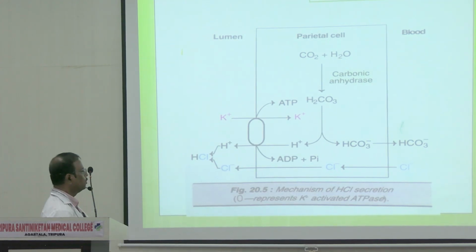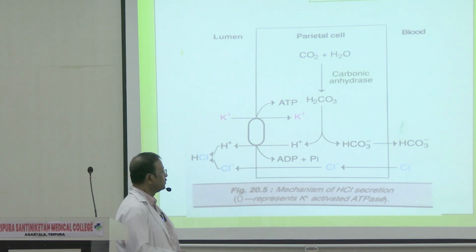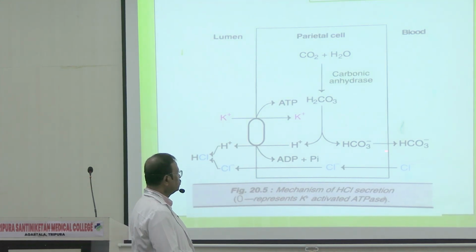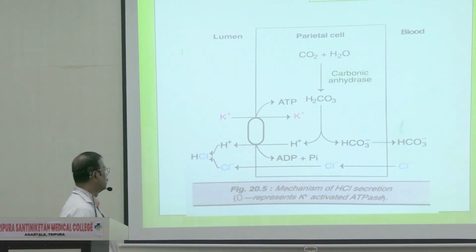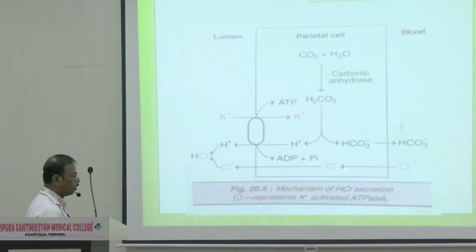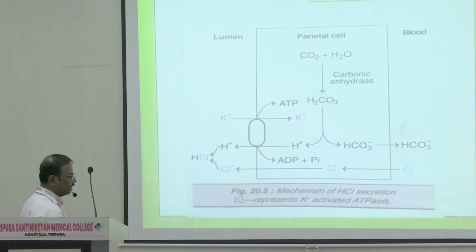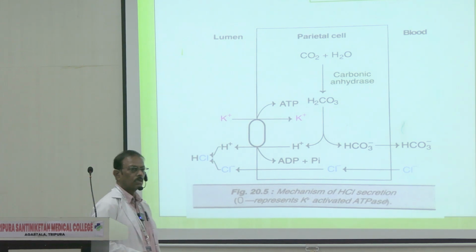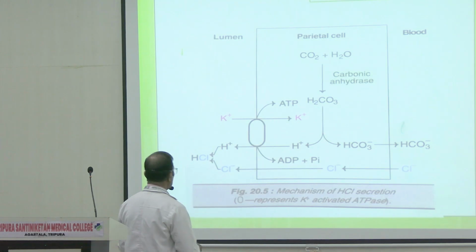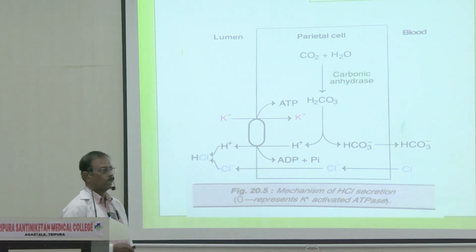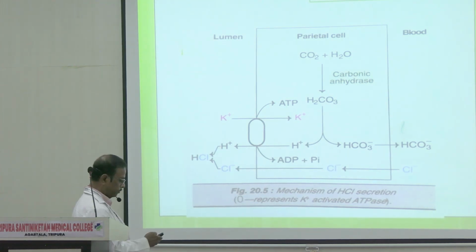The bicarbonate ion, which has been generated in the parietal cells, diffuses into the plasma in the blood in exchange for chloride ion. This chloride ion again diffuses out into the stomach and combines with hydrogen ion to form hydrochloric acid.